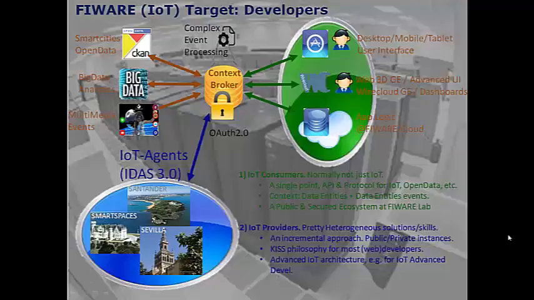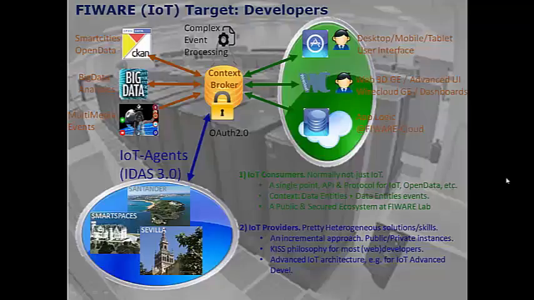Usually the first type, what we've called the IoT consumers, don't just consume information coming from IoT, but in general they consume many kinds of information coming from the different GEs attached to the system, which we have talked about before.